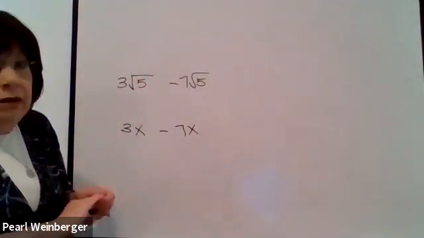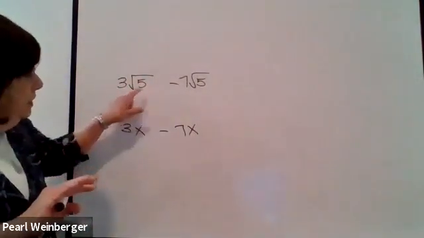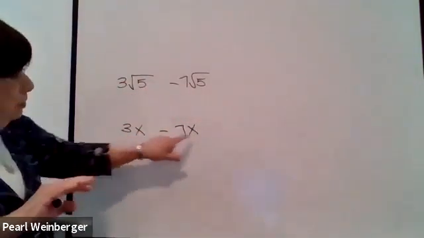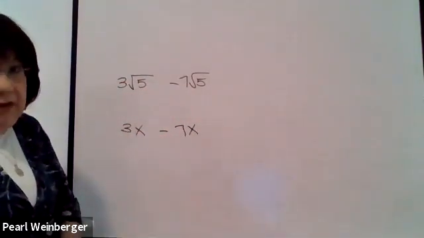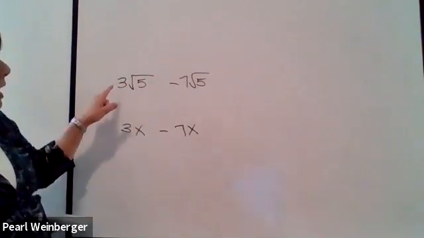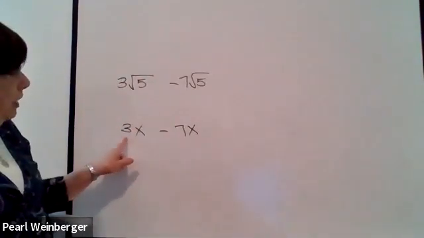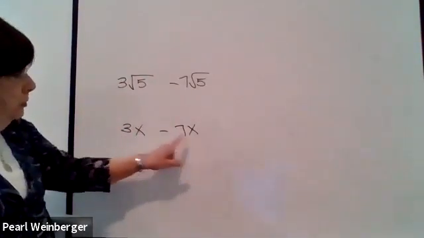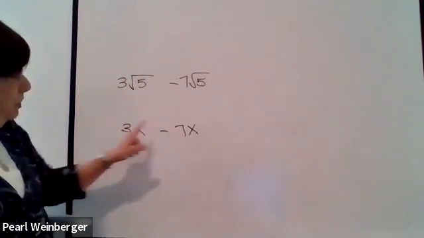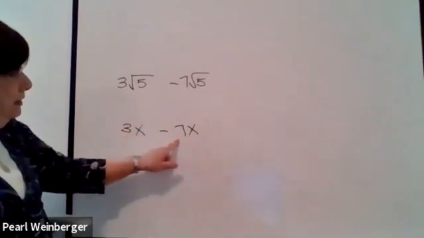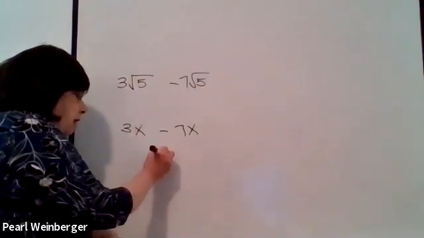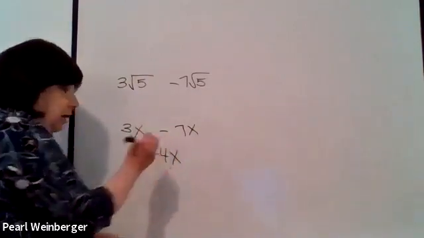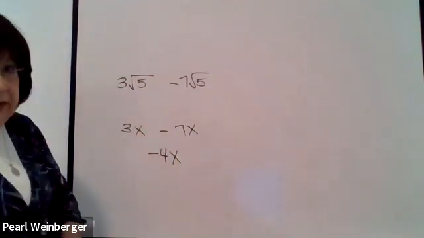Instead of having a variable, we have a radical. But these are like radicals because they are identical, just like these are like terms because the letter parts are the same. And just like the rule for combining like terms is you just work with the coefficients. In other words, you do the 3 minus 7, which gives you -4, and your answer becomes -4x.